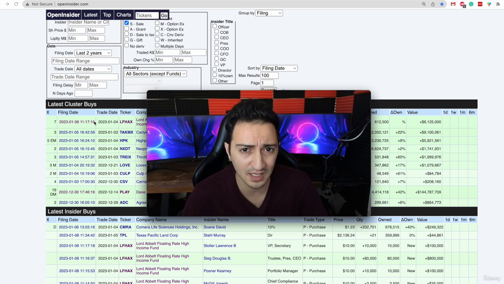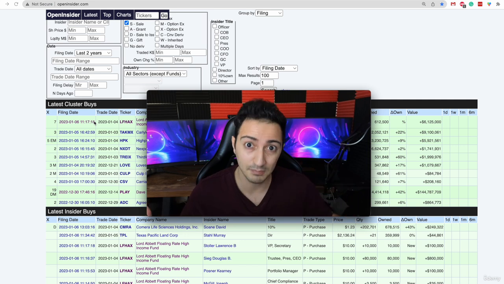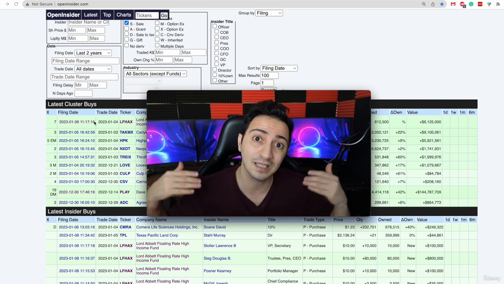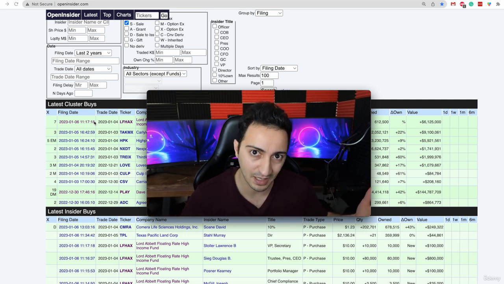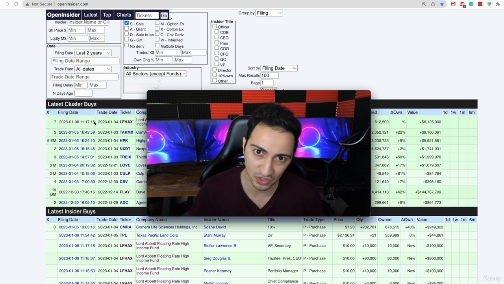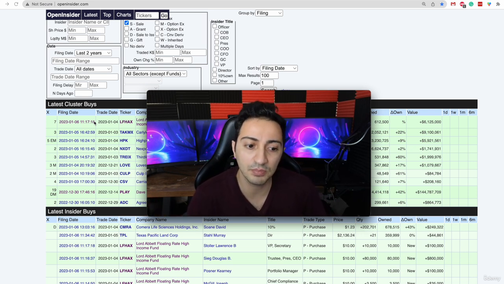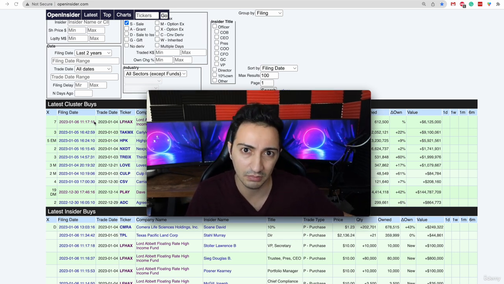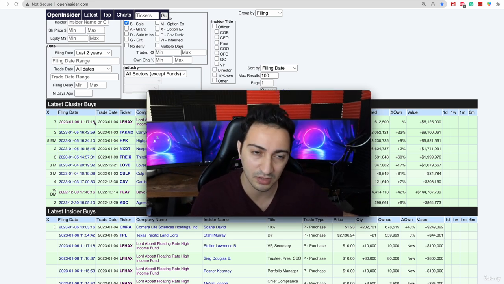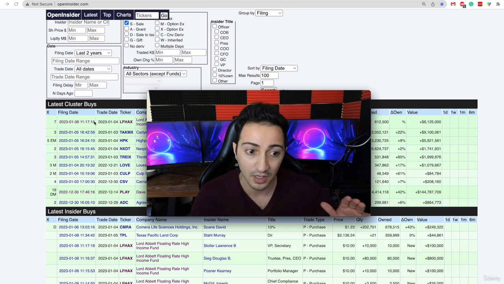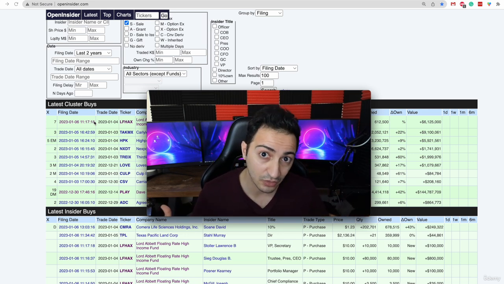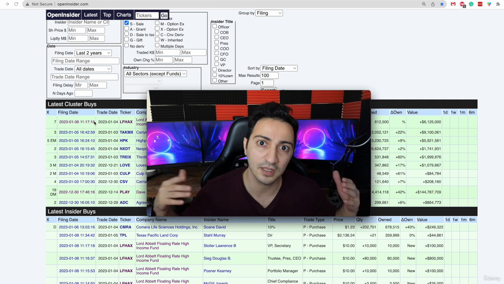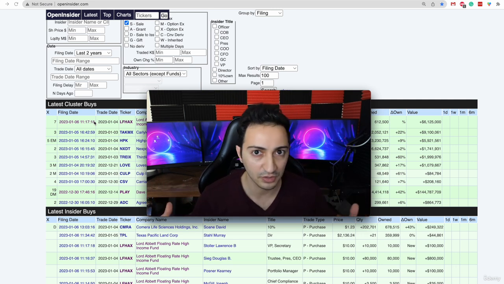Now the idea with an insider buy, in case you're not familiar, is that an insider buy means someone inside a company, let's say Apple for example, goes and buys a stock. Now there are so many reasons people would sell a stock in a company. For example, let's say the Apple CEO tomorrow sells a little bit of his stock, not a big deal. Usually insider sales are not a huge deal because people sell stocks for many reasons.